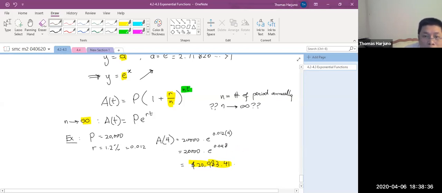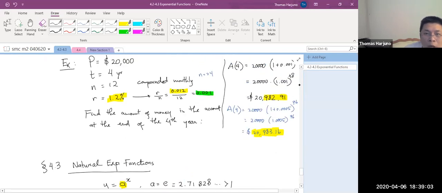Even if you compound it infinitely many times in 1 year, this is the maximum. So I don't think anybody will fight for this.